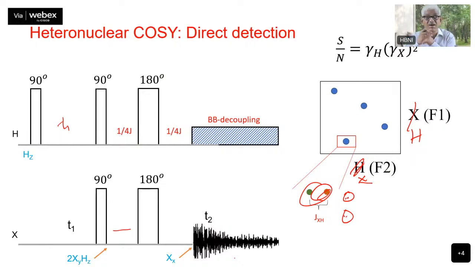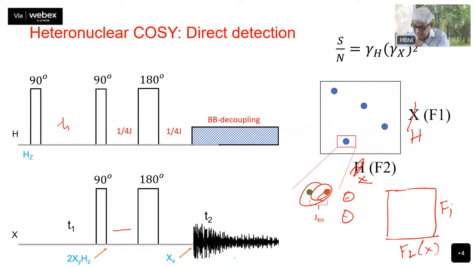Because now the axis is changed. Put F1 this way, F2 the other way. Then this is correct. If I put this spectrum here, this is my F1 and F2.